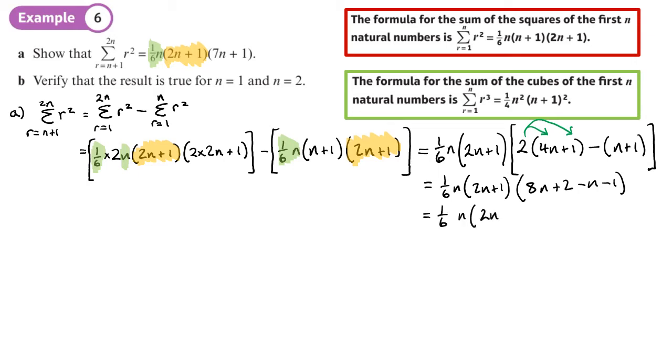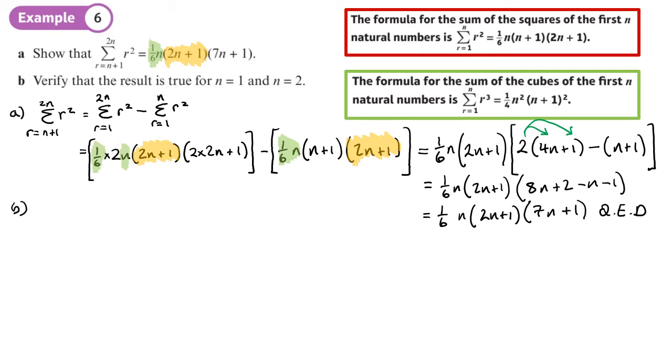Hopefully it's what they want. So 7n, yeah, 8n minus n is 7n. 2 minus 1 is 1. So yeah, it works. Okay, as required. So look for what they want, see if those factors are there and bring them out straight away. It will save you a whole heap of work, because if you sat there and expanded the brackets and then tried to look for common factors, it's not easy. So we want to do it the easy way.